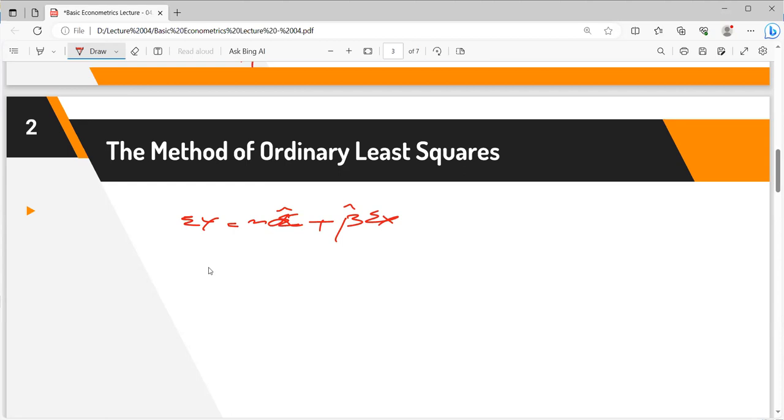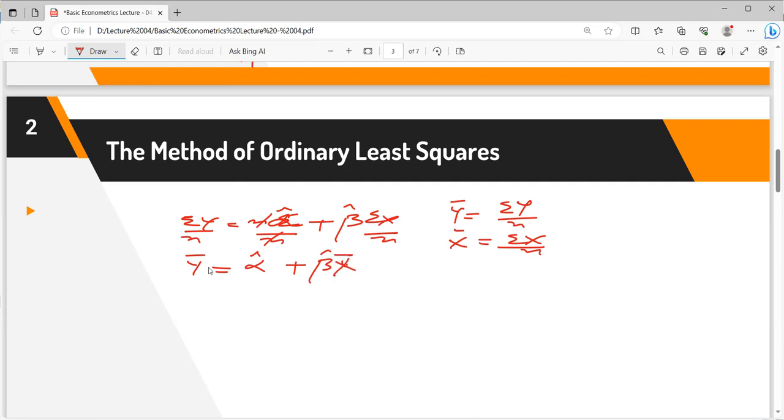By dividing by n on both sides, and we know that the mean value of y is equal to summation y over n, and x bar is equal to summation x over n, you can write y bar is equal to alpha estimated plus beta estimated x bar, as n cancels out.